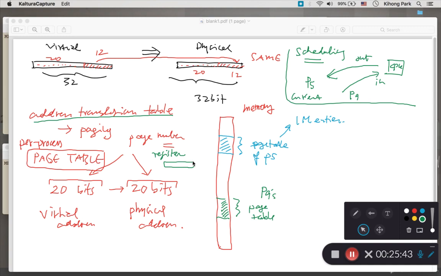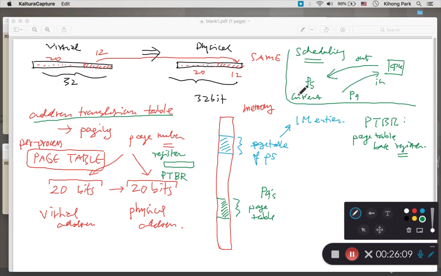And this register is generically referred to as the page table base register, PTBR. This is a very generic name, but it means page table base register. So this is the important one.